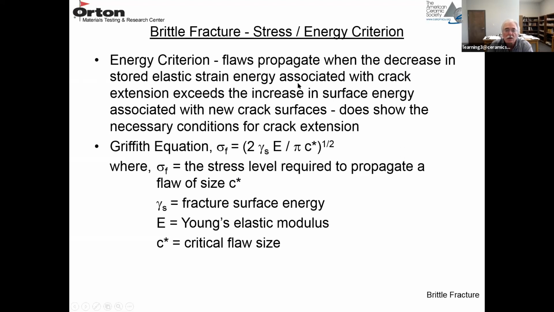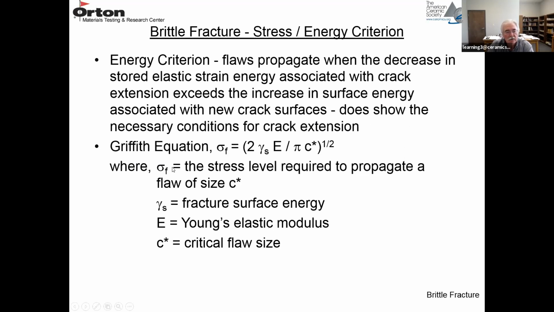So we talked about stored elastic strain energy. That's the driving force for brittle fracture. So the stored elastic strain energy is simply converted to fracture surface energy. So when the strain energy exceeds the fracture surface energy necessary for a crack to grow, you have failure. So this does show the necessary conditions for crack extension, and that's this well-known equation known as the Griffith equation.